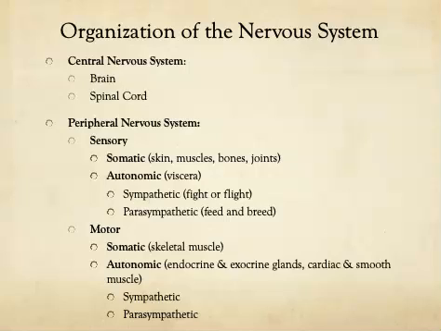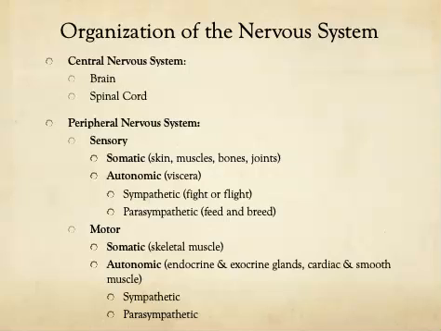Now, within the autonomic, there is a breakdown into the sympathetic and the parasympathetic. Sympathetic referring to the sort of involuntary responses that are fight or flight. You've probably heard that expression related to the sympathetic nervous system.